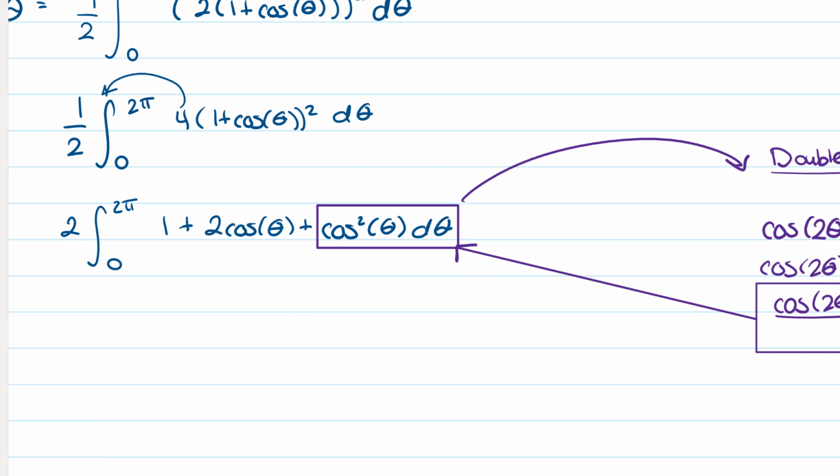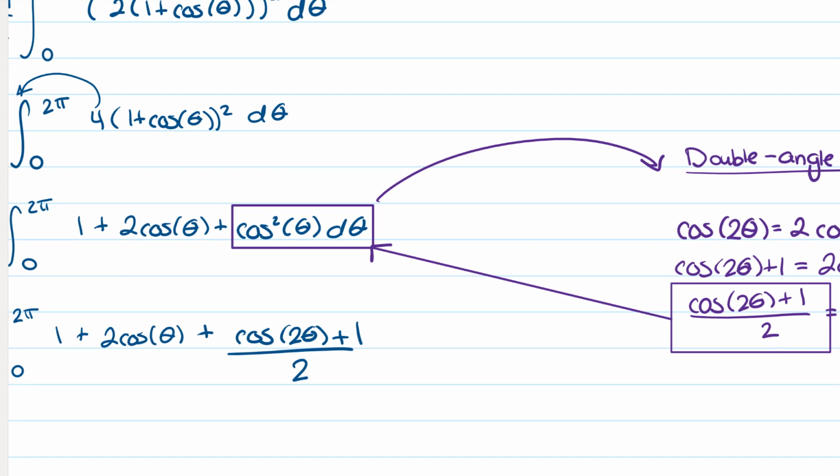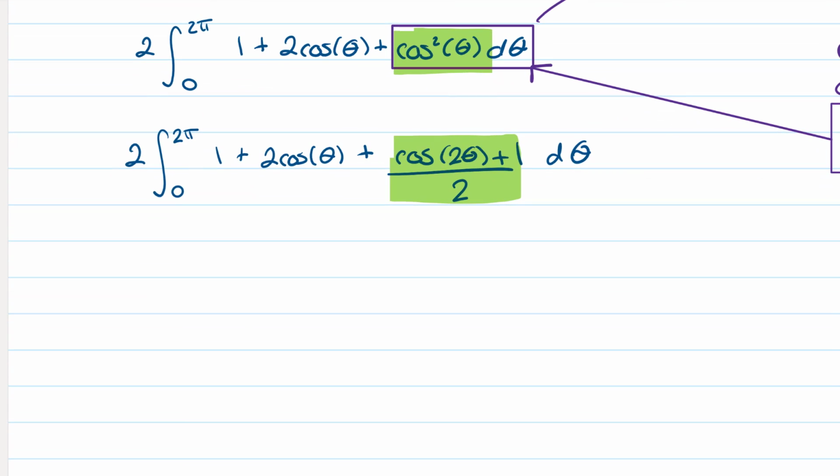So my new integral becomes 2 times the integral from 0 to 2 pi of 1 plus 2 cosine theta plus (cosine 2 theta plus 1) divided by 2. Again, I'm replacing cosine squared by this bit here. At this point, I actually want this 2 back inside my integral, because I don't want to deal with fractions.